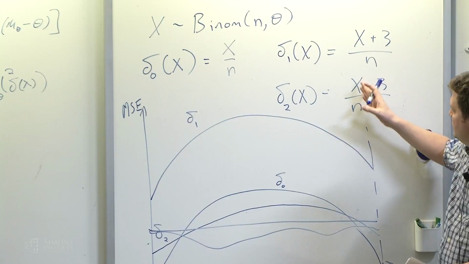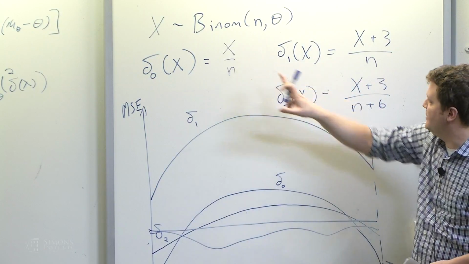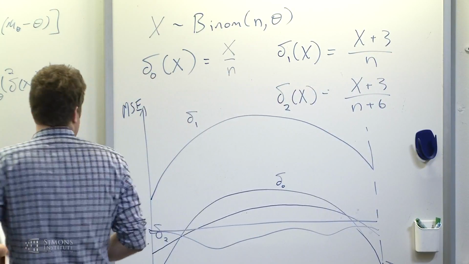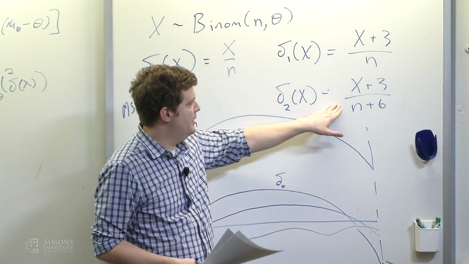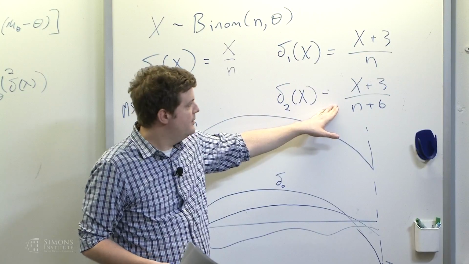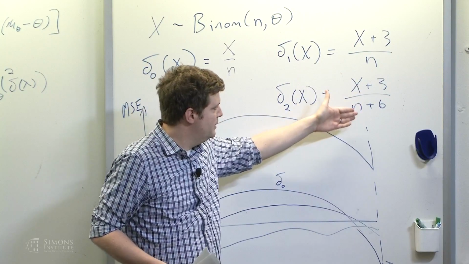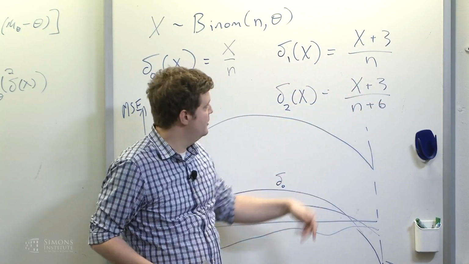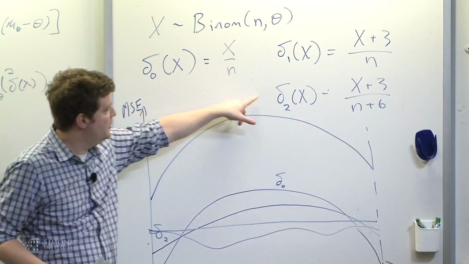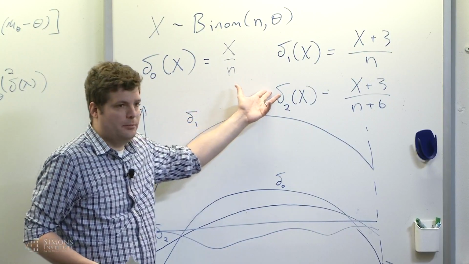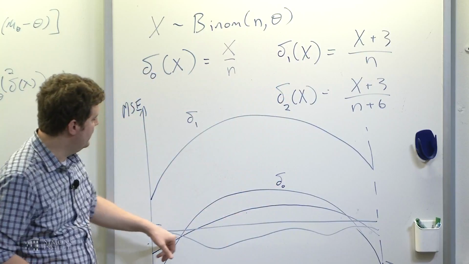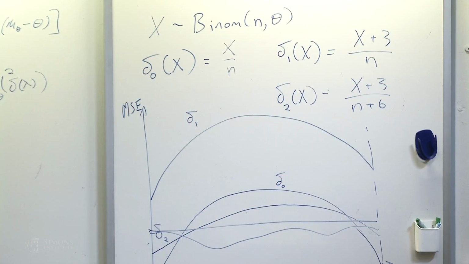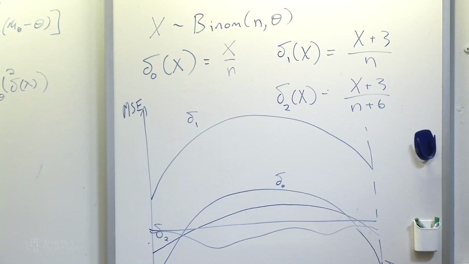Essentially it results in a convex combination between this estimator and 1/2. So this estimator has lower variance because it's a convex combination between something that's random and something that's fixed, whereas here it's just the random thing. So this one has lower variance, but it has some bias. In the places where delta 2 is losing, it's because the bias wins out. In the places where it's winning, it's because the variance wins out.